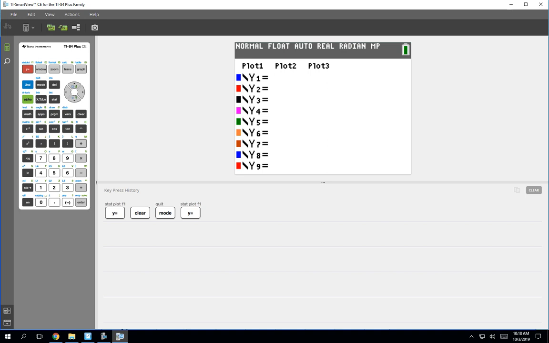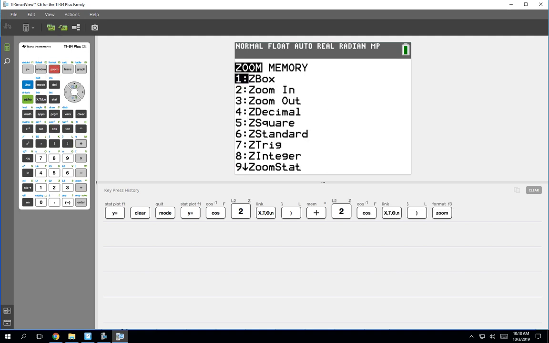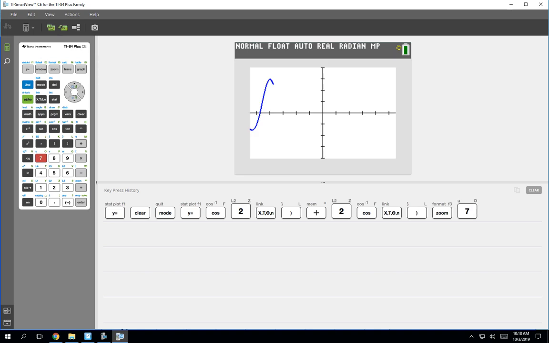We have cosine of 2x plus 2 cosine of x. How about we hit zoom, ZTrig, number 7? Okay, so it's got some extra squiggles in it.